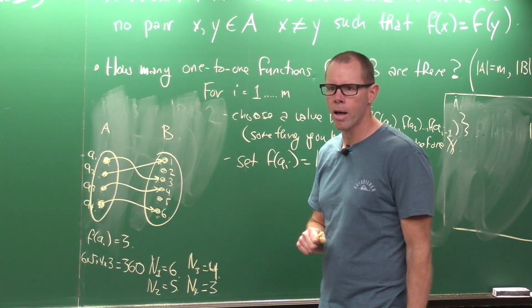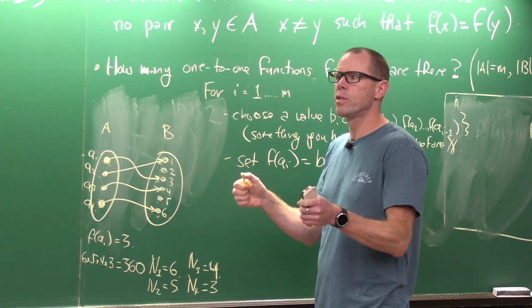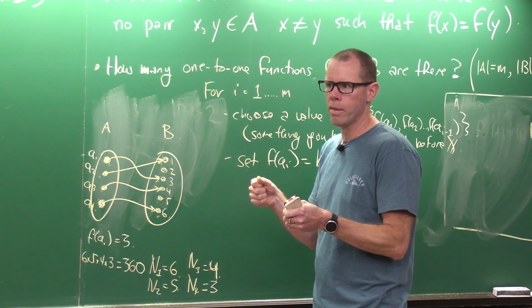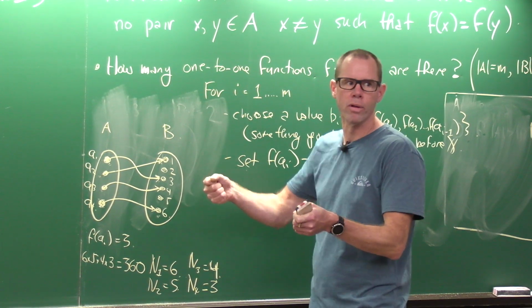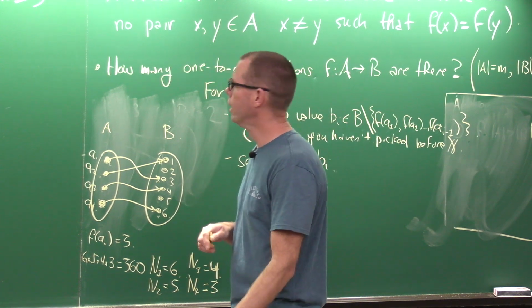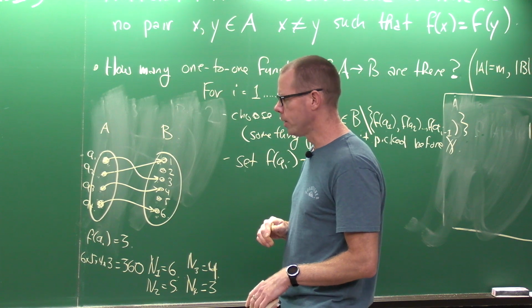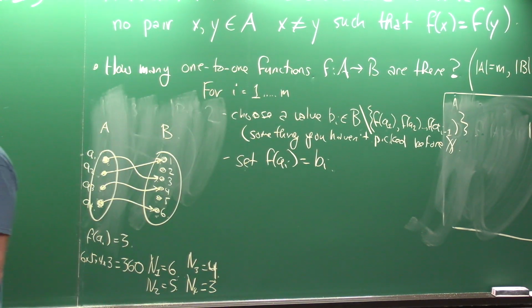That's not hard, because if you execute the procedure two different ways, there's a first step where those procedures made a different choice, and therefore the function is different for that value. Don't worry too much about that right now if you're not following, but this is a procedure by which we can generate any of these one-to-one functions.